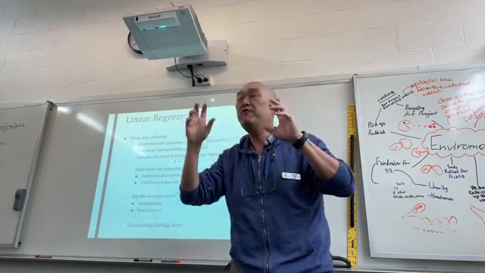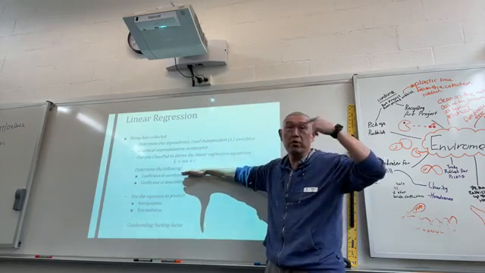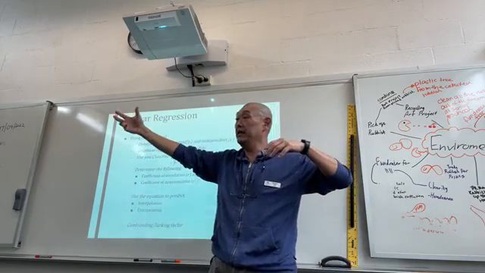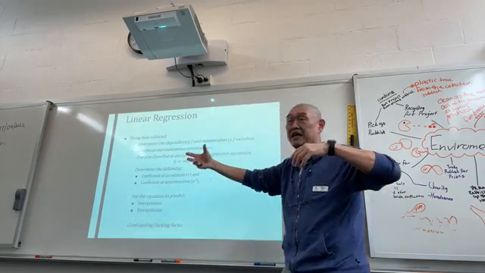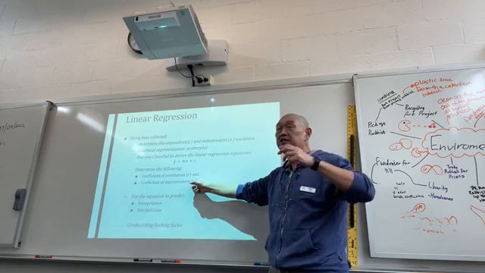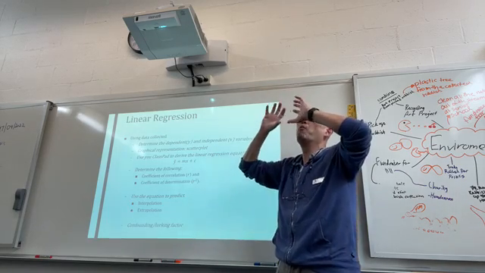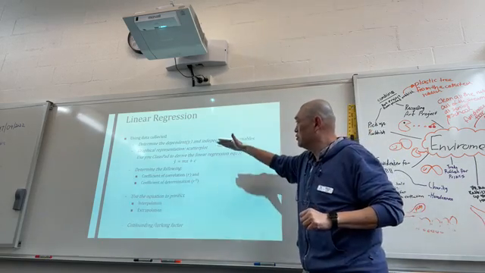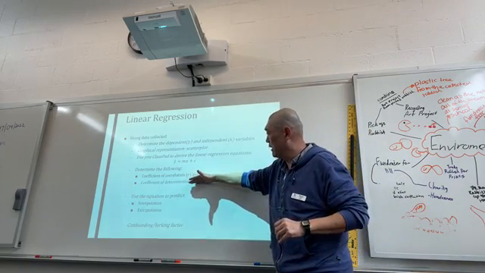All right? So if you have a situation when it is moderate or weak, you may have to rethink, recollect the data, reanalyze the data, or redefine the problem. Then the coefficient of determination is the percentage of what variable explains the other. All right? So you must be able to interpret that.